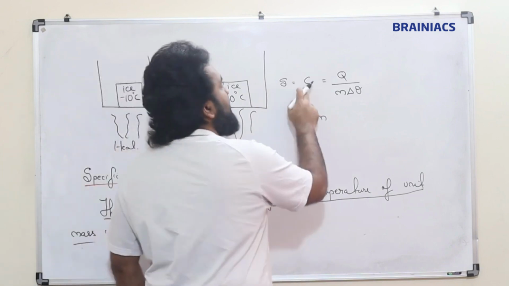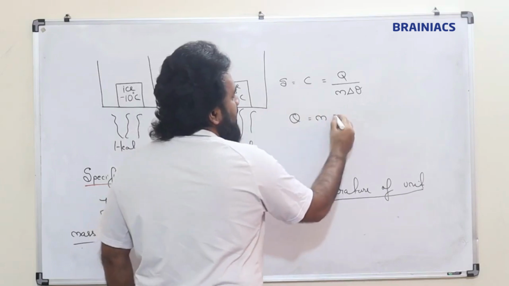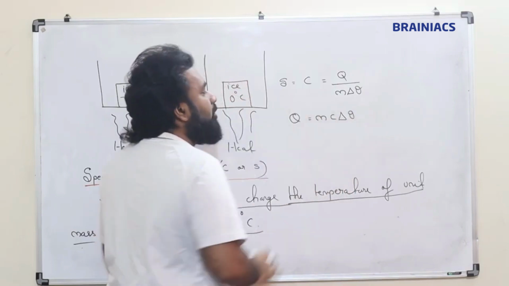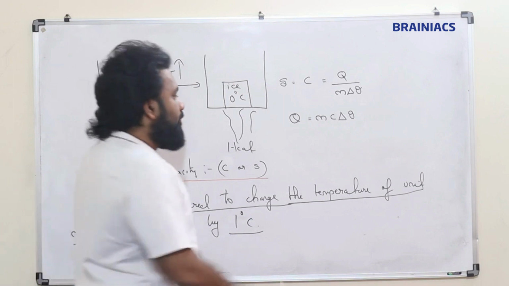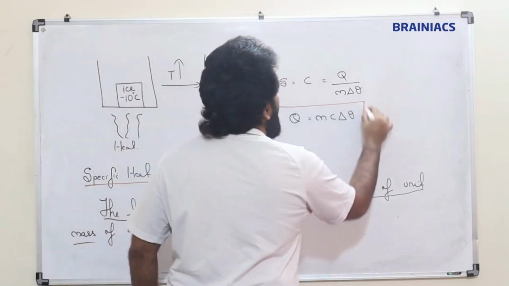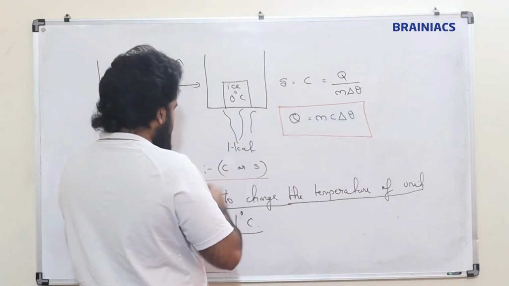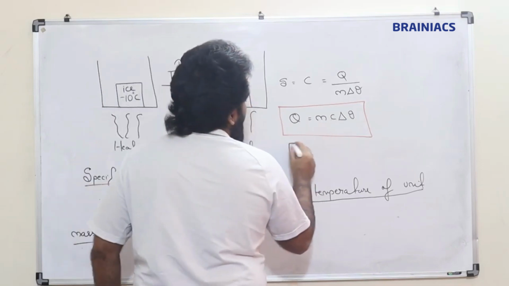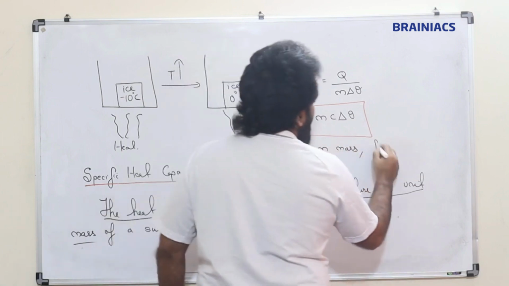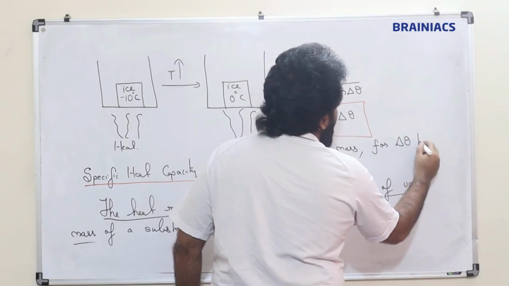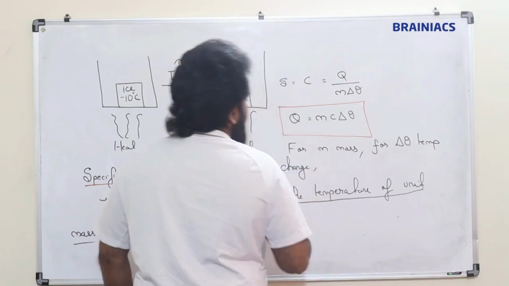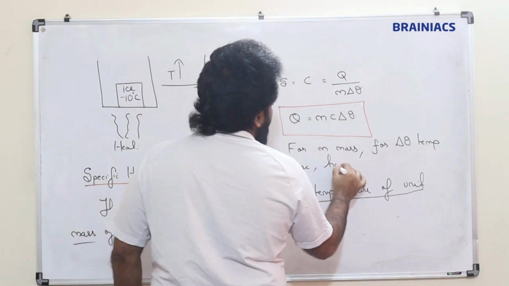I need to multiply the specific heat with the mass, and for delta change in temperature multiply with delta theta. So Q is equal to m c delta theta, for m mass and delta theta temperature change. How much heat is required?